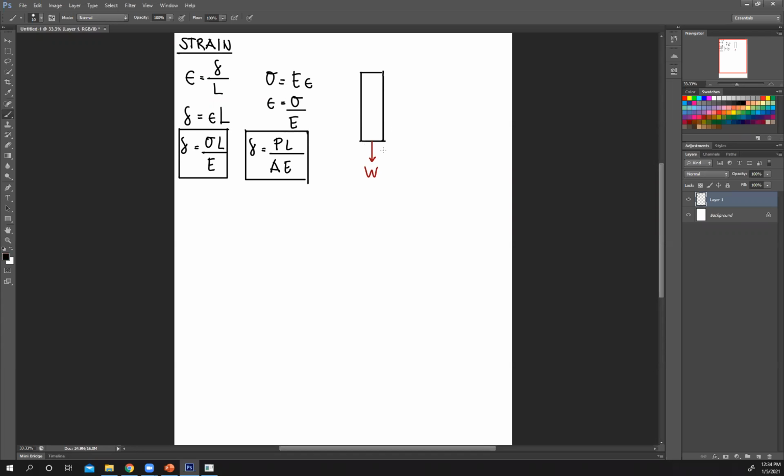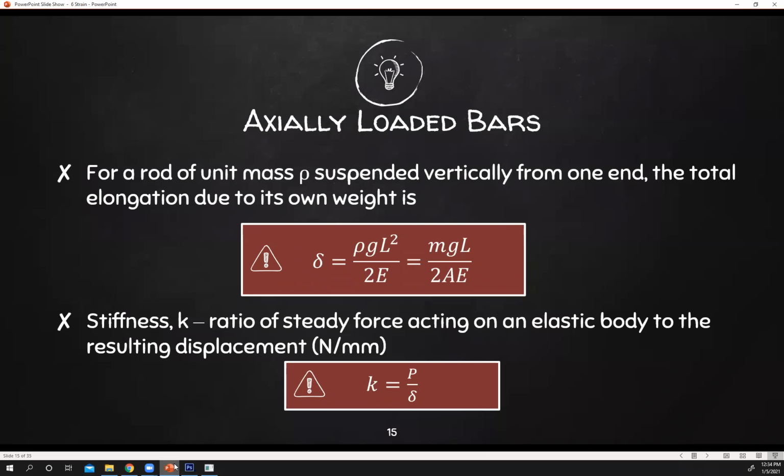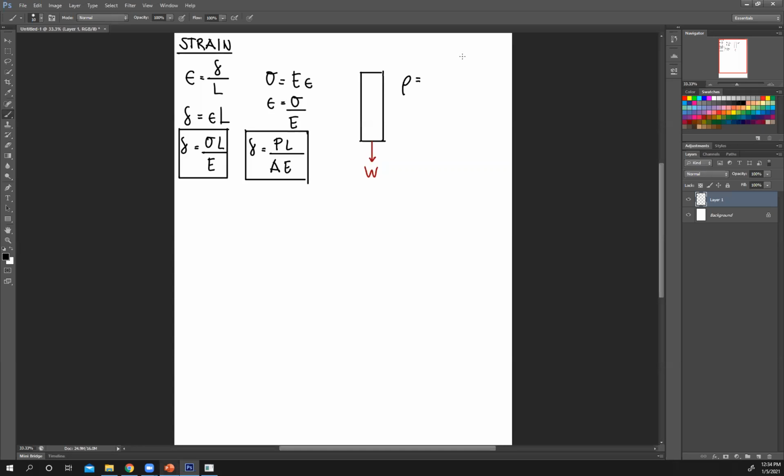And then this rod has its unit mass. Unit mass is actually just density, and the equation for density is mass over volume. Now let's multiply both sides by gravity.